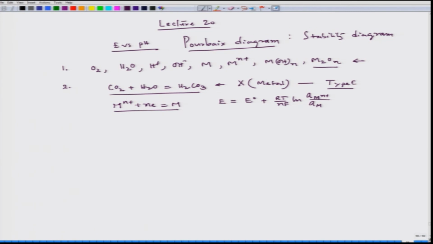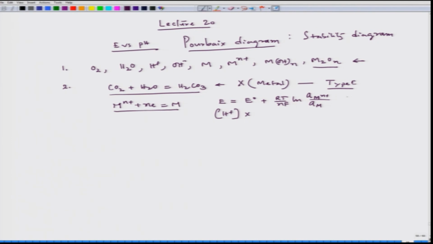But this particular reaction does not involve any H plus ion. So, the pH would have no effect on this reaction.